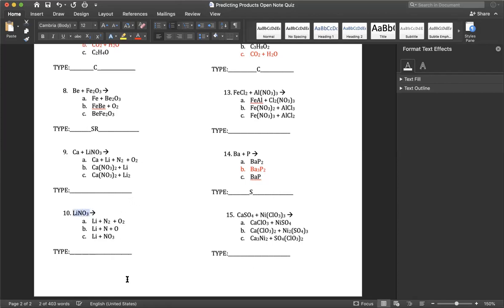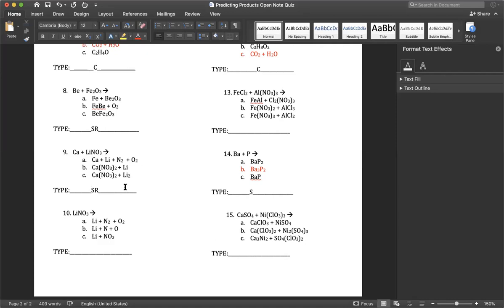It's a compound, but notice I need a metal plus a compound. Oh, 9. Yeah, it's just the next one. I didn't see 9. That's fine.